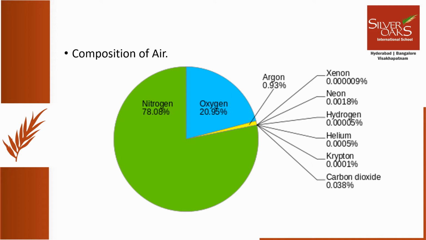Nitrogen, the maximum percentage, is 78.08%. Then oxygen, 20.95%. Argon, 0.93%. And the remaining composition is associated with various gases like xenon, neon, hydrogen, helium, krypton, and carbon dioxide. The percentage of carbon dioxide gas is 0.038.